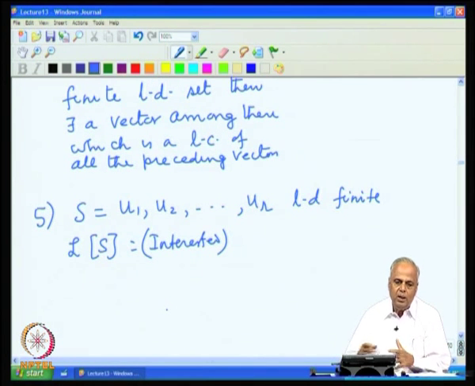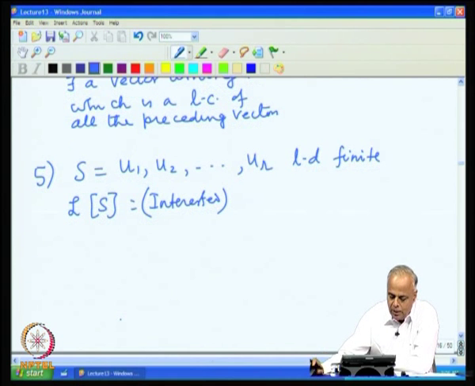Now, if any one of these vectors u1, u2, ..., ur is a 0 vector, it is no way going to help us in the building blocks, because whatever multiple of 0 you take, you are going to get 0, and whatever vector is added to the 0 vector, you are going to get the same vector. So, 0 is not going to add anything to your building process.